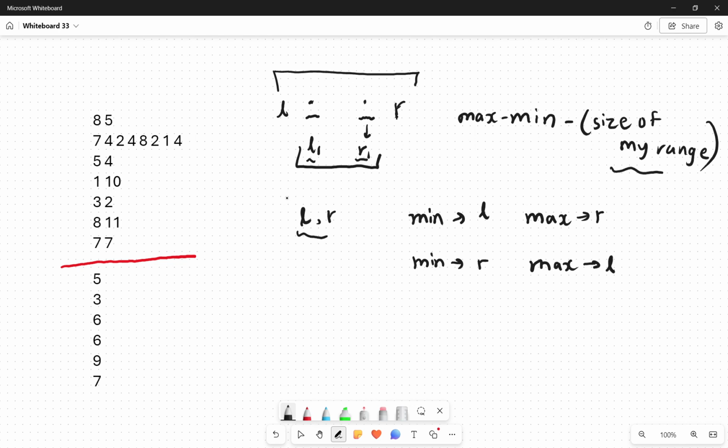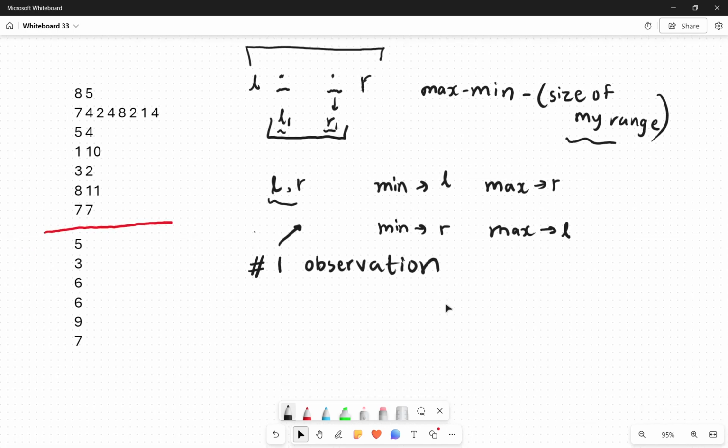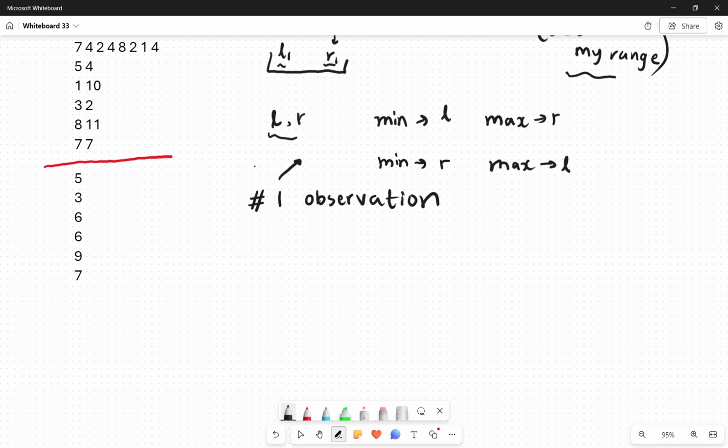So that is the key observation. So number one observation, right? I think you understand this is a very important observation to solve this question. Okay, so this is basically the number one observation.